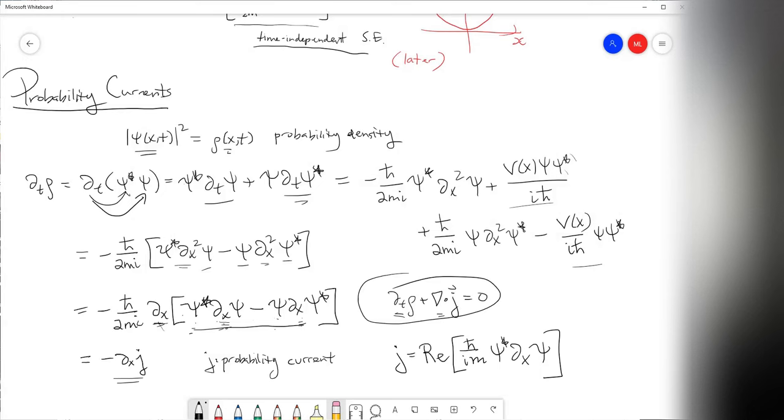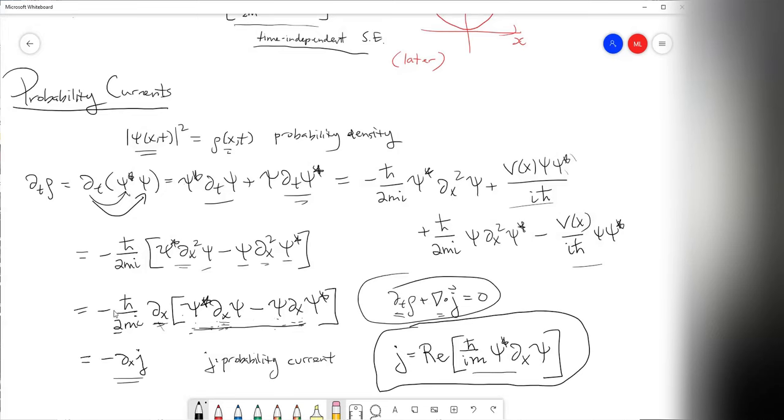You can convince yourself of that because the real part is you take this and you add to it its complex conjugate and divide by 2. So that gives me this factor of 2. And the complex conjugate will give me a minus i, so it'll give me a relative sign difference between the two. So this is just another way of writing that current, a more compact way. So that's what you get.